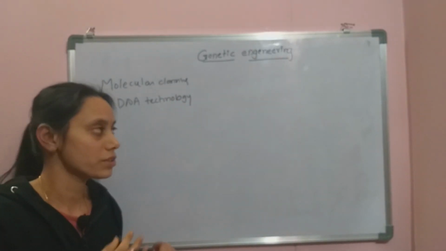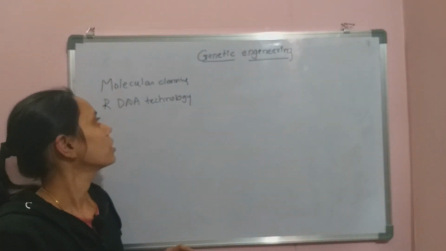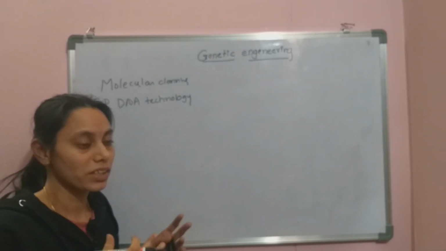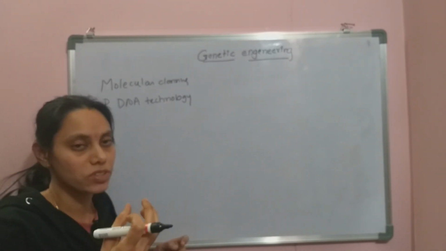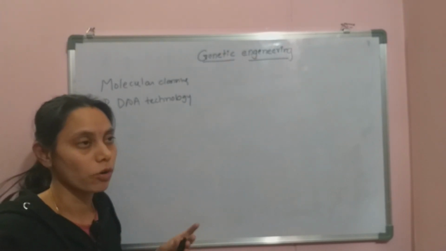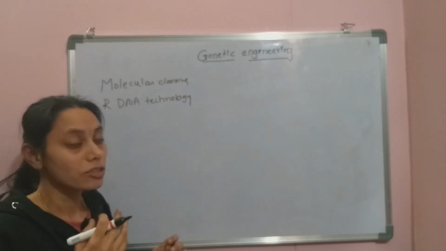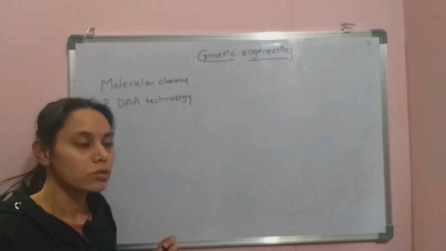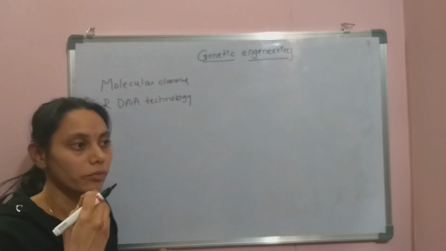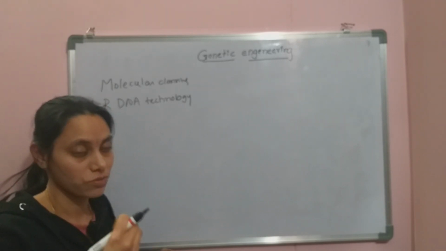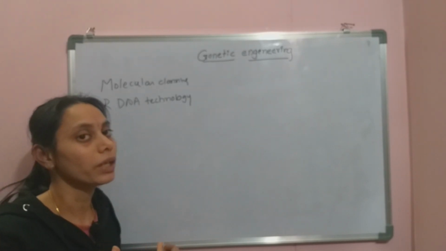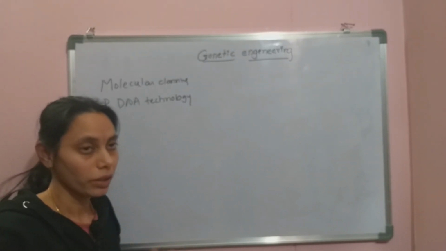Generally, in the genetic engineering process, we are going to clone or copy, making a number of copies. The desired gene is going to be multiplied or amplified into a number of copies in a suitable host organism, so that if it is for the production of some protein, the product will be higher.